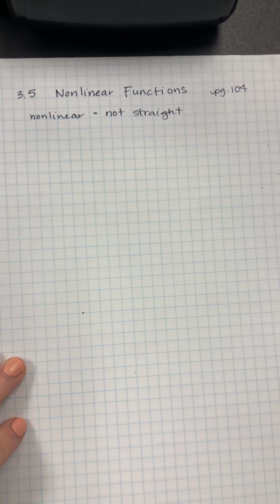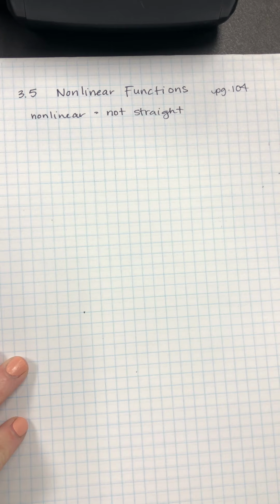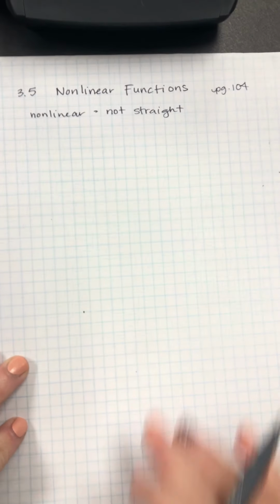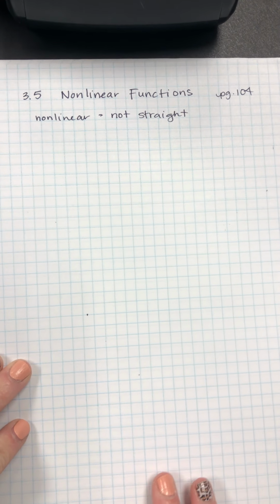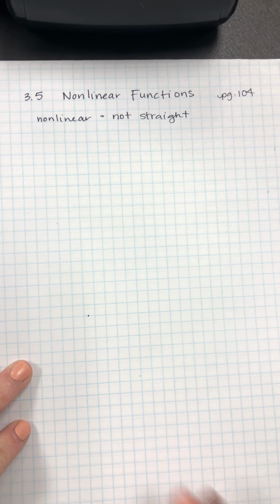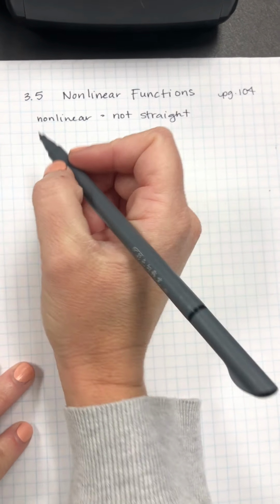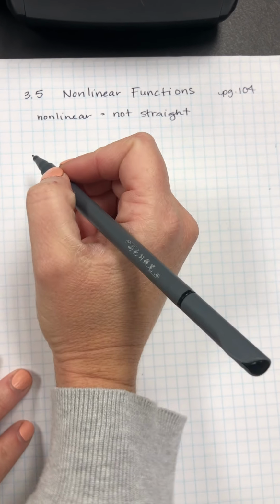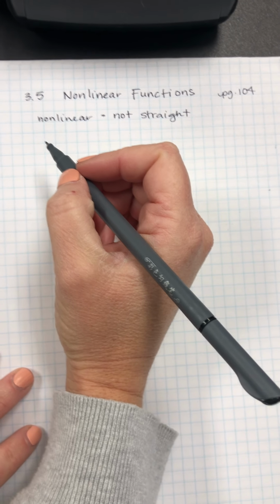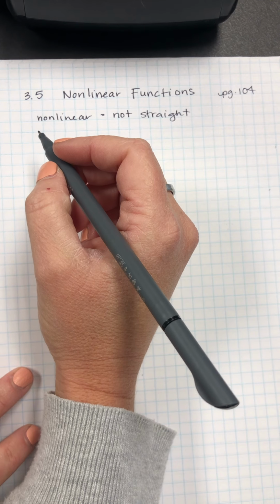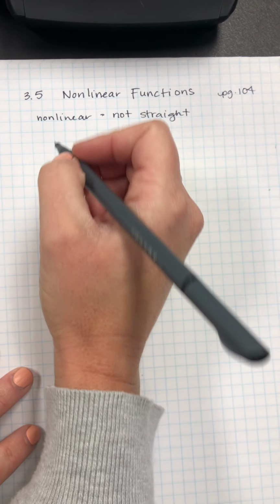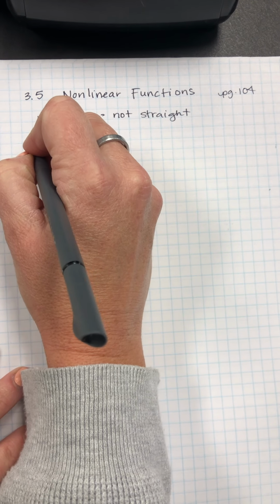Up until this point, refocus please. Up until this point, in coordinate planes, we've worked with linear functions, straight lines. But in 8th grade, we're going to talk about quadratic functions, which are nonlinear, and parabolas. So we're going to put those in our notes.